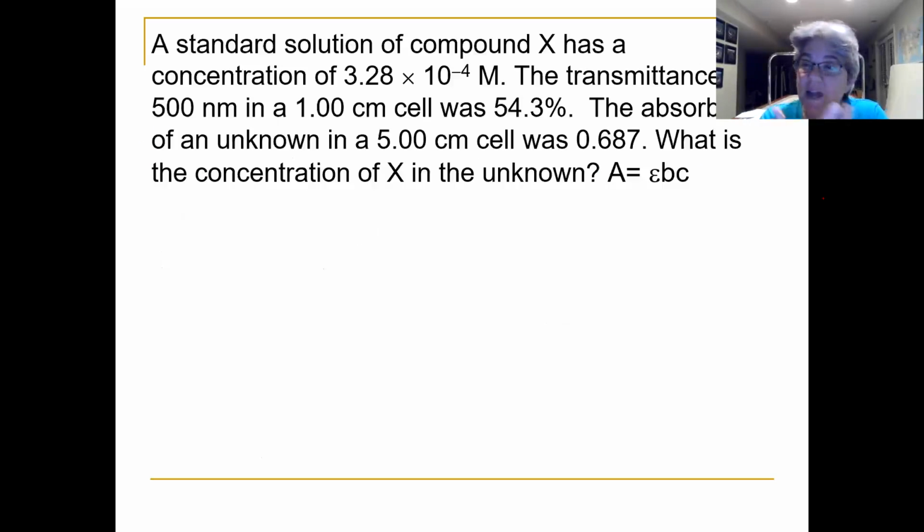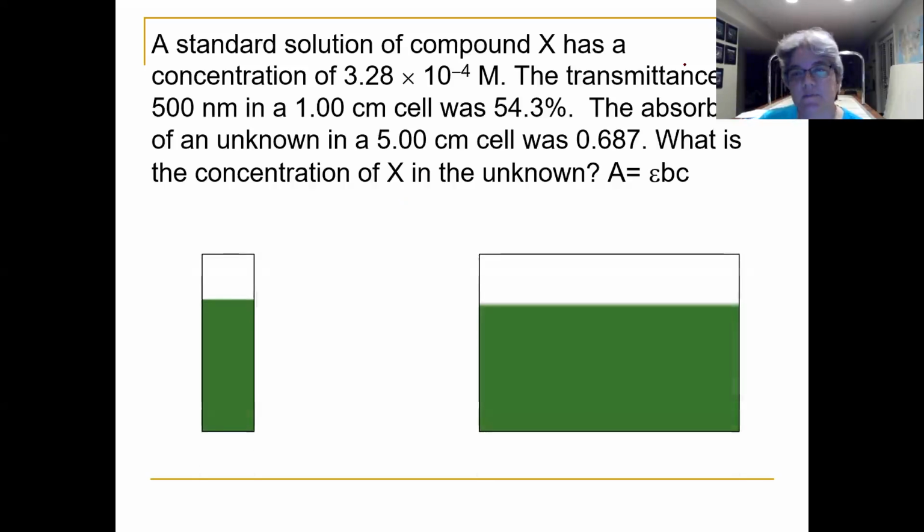Okay, and we're measuring at 500 nanometers. Now we have an unknown, and they tell you its absorbance. They tell you it's in a 5 centimeter cell, and they want to know what is the concentration of the unknown. So let's think about what we have here. We have two different solutions.